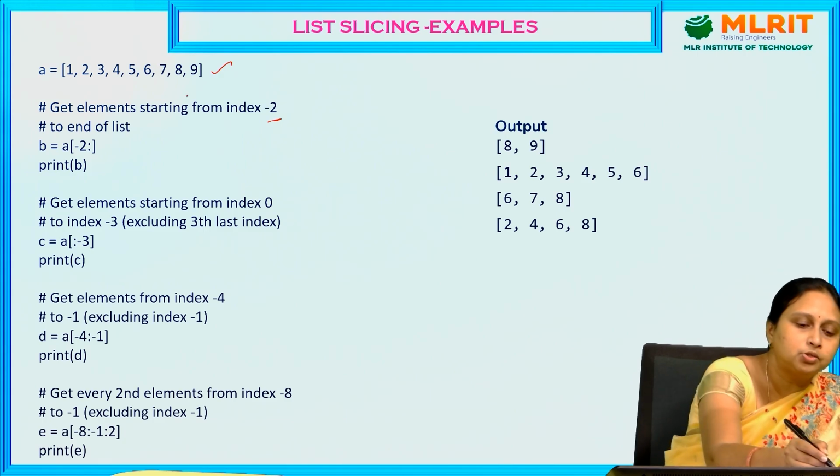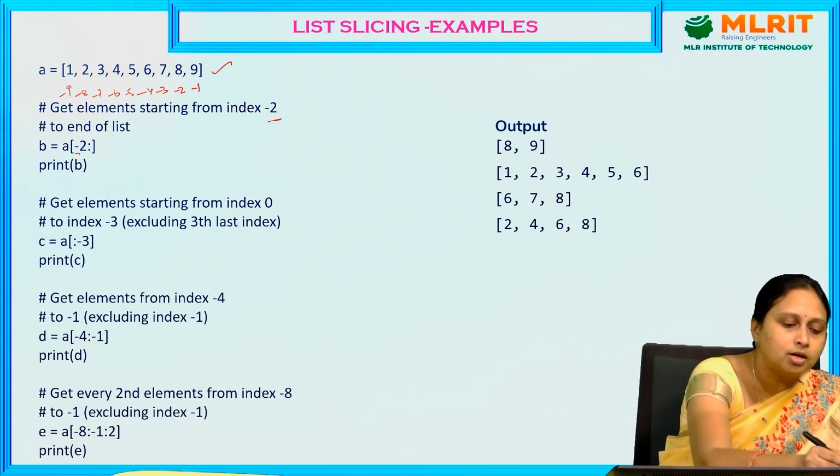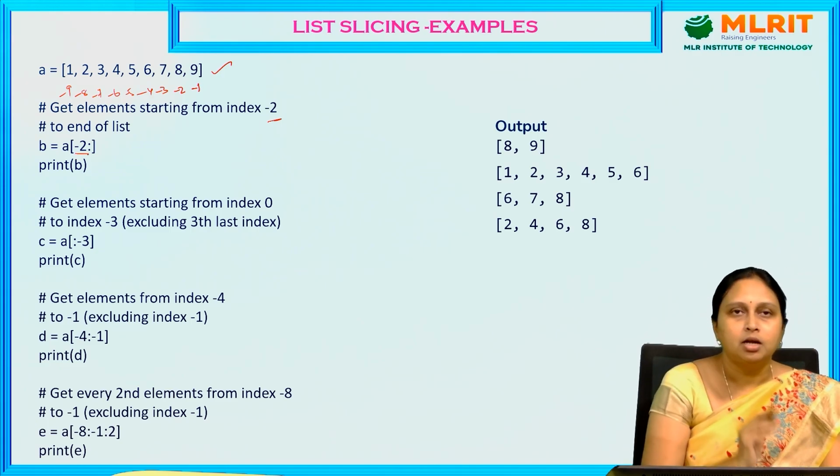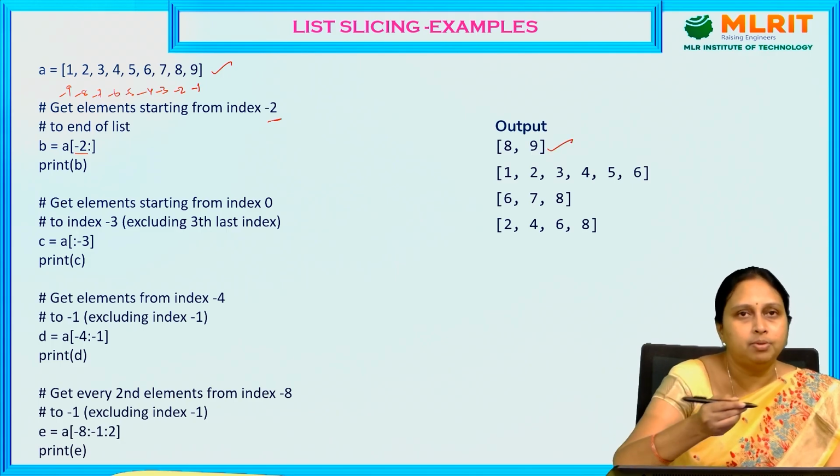Suppose you see here, the negative indexing is like this, -1, -2, -3, -4, -5, -6, -7, -8 and -9, right? Now, I am going to give the start value as -2, right? So it will be printing from -2 onward, that is 8 and 9 will be printed.